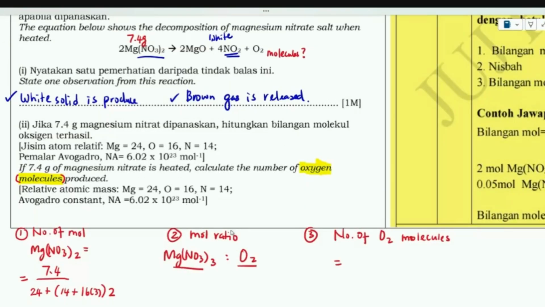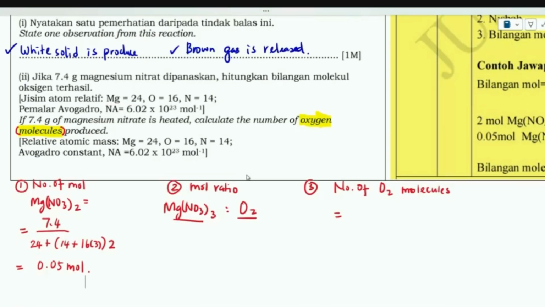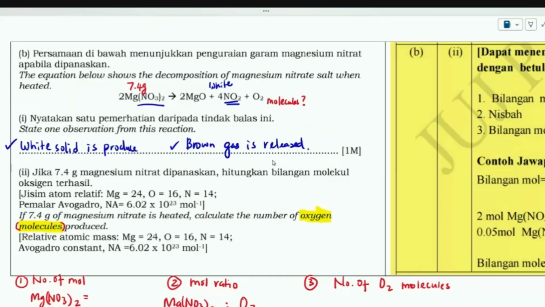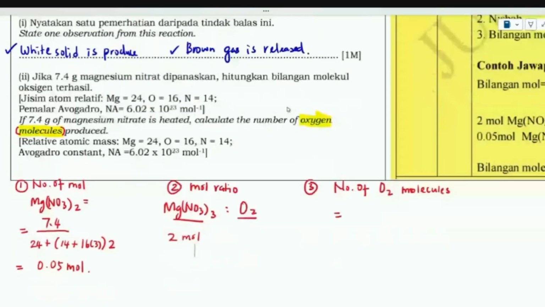After that, mole ratio. This one is 2 mole, and oxygen is 1 mole from the equation. So if 0.05 mole, 2 to 1 means half, so 0.025 mole. So the oxygen mole now is 0.025, not 0.05.